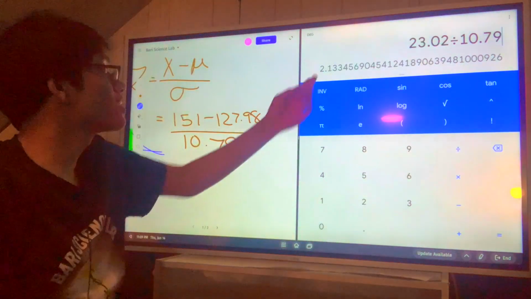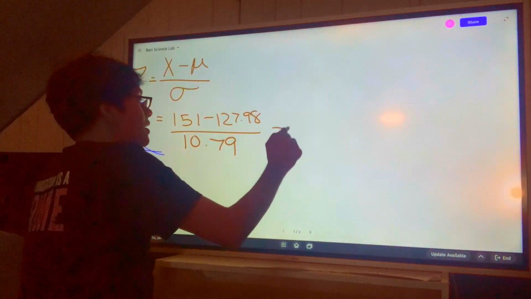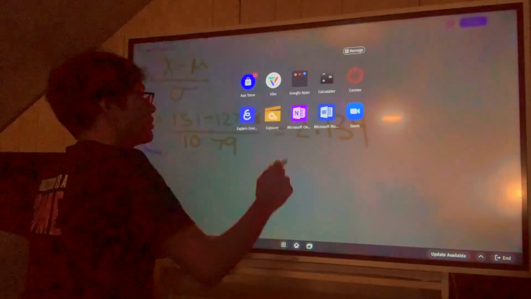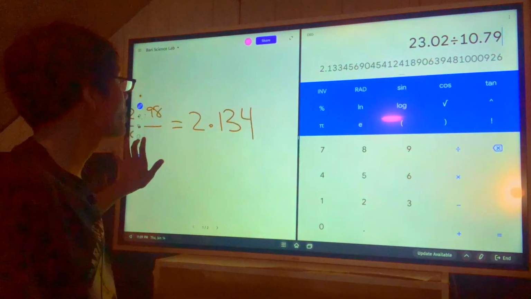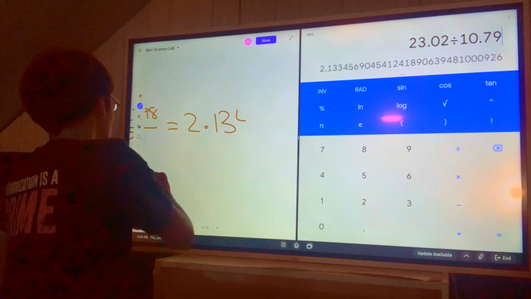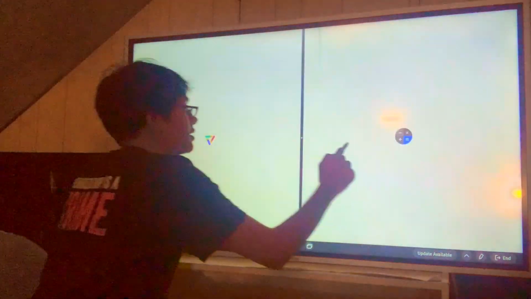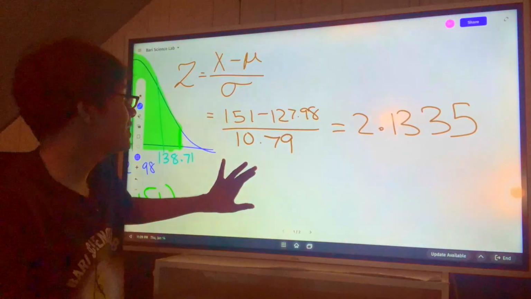That's going to give us 2.134 standard deviations away from the mean. And now let me check if I wrote that correctly. 2.1334. If we round to the nearest 10,000, we'll get 2.1335, and that is the z-score.